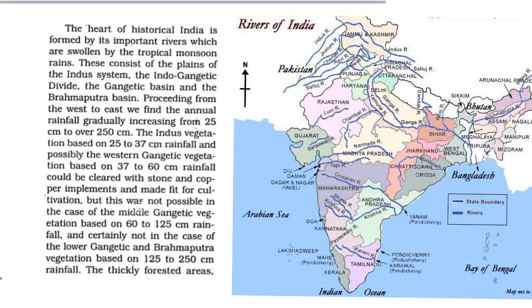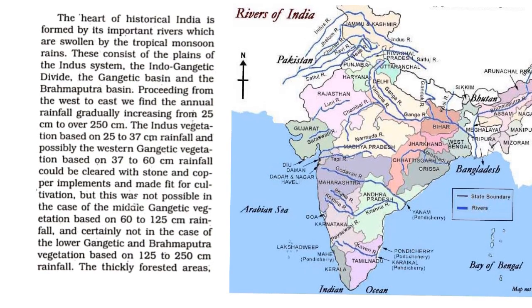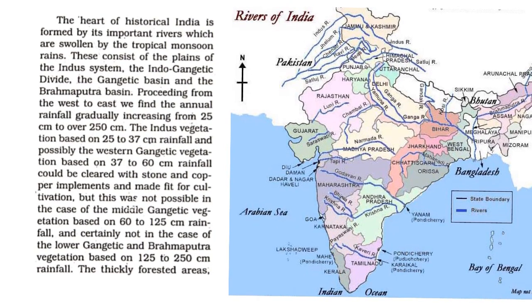So coming to the heart of historical India, right. It was not in the mountainous regions where we can really find many people living or constituting the history, right. It happened in the plain regions, especially the plains which were formed by the Indo-Gangetic divide as well as the Gangetic basin and the Brahmaputra basin.